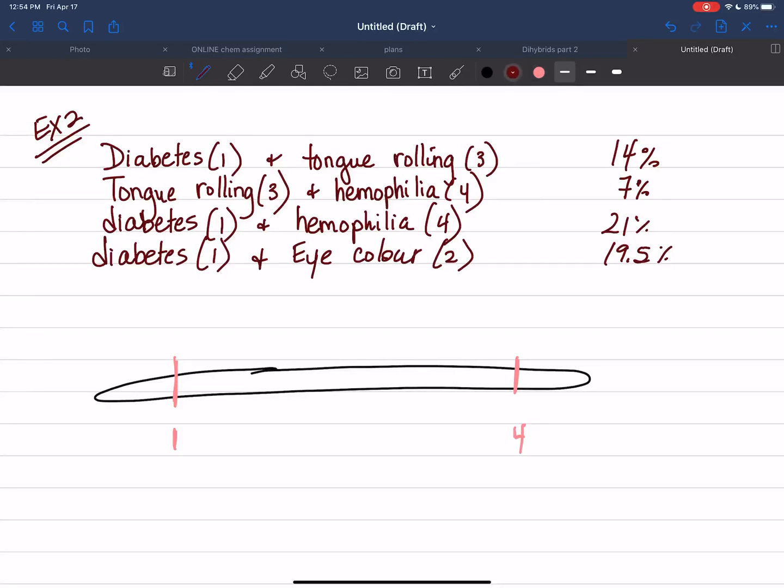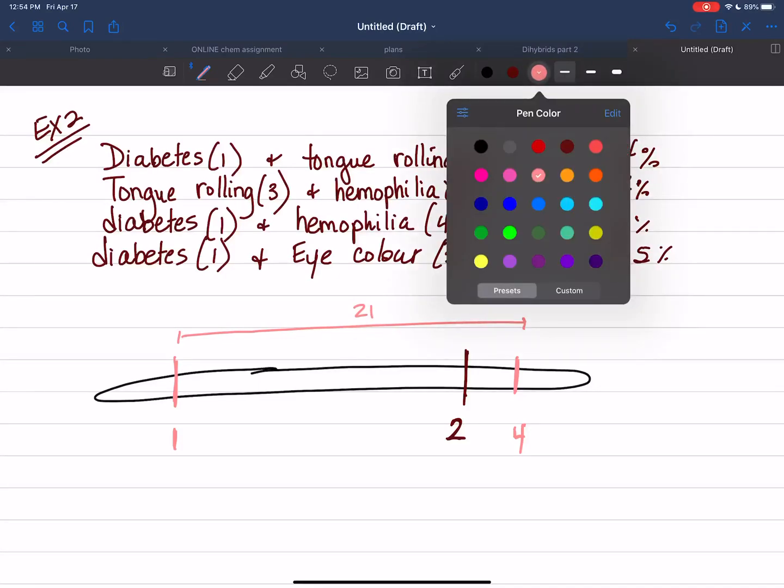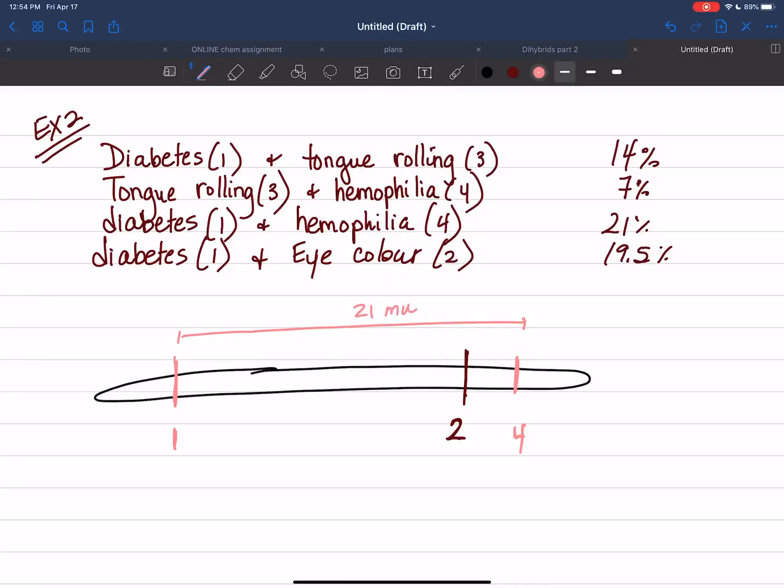I'm going to put eye color, number 2, right here, because again, this whole thing right here is 21 map units. This whole thing right here is 19.5 map units.